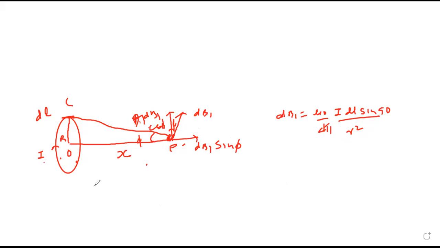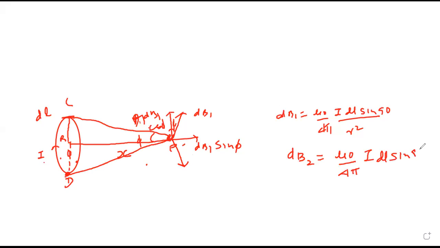Correct? Yes, sir. Now the bigger part. Elemental length dl at the diametrically opposite point D produces magnetic induction dB2 at point P, given by mu naught upon 4 pi, I dl sin 90 upon R square, because it is just a mirror image of it. dB2 can also be resolved into two components, dB2 cos phi and dB2 sin phi.